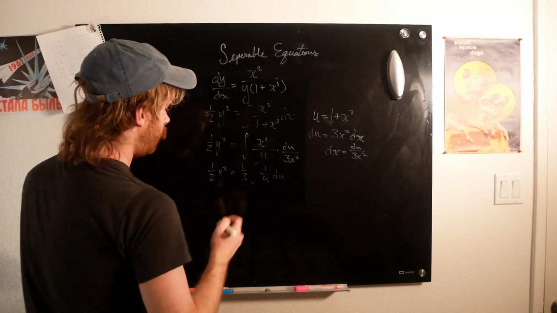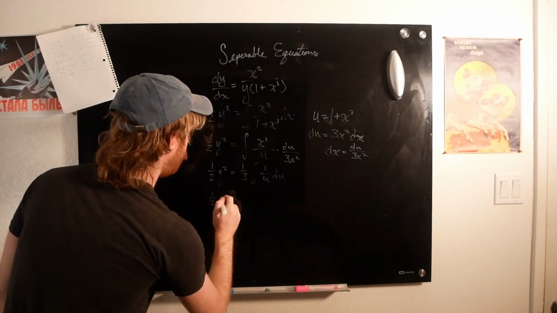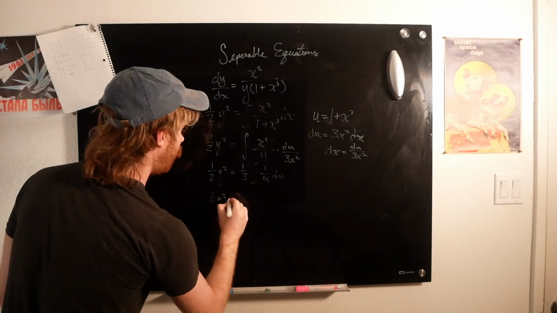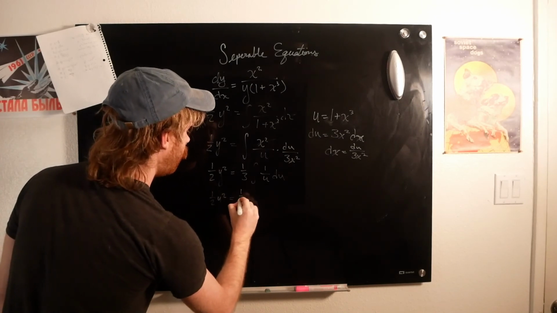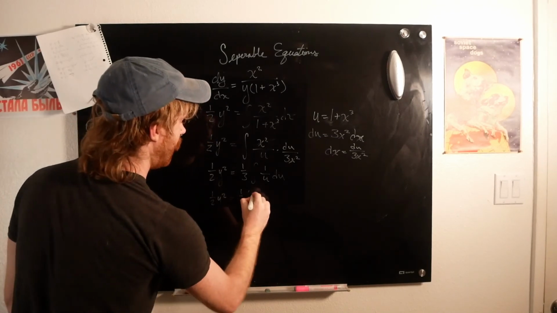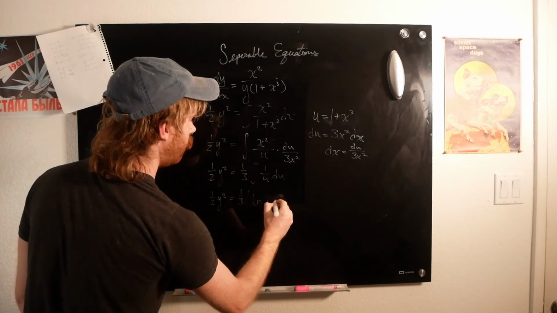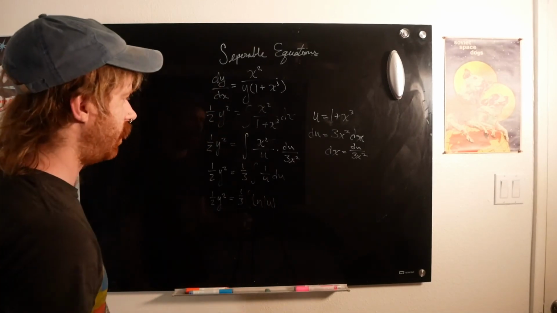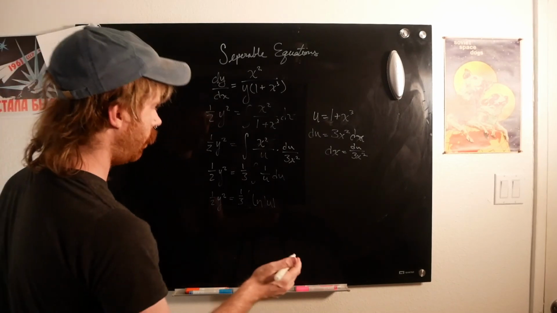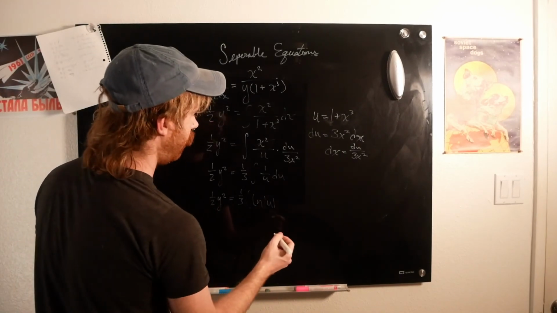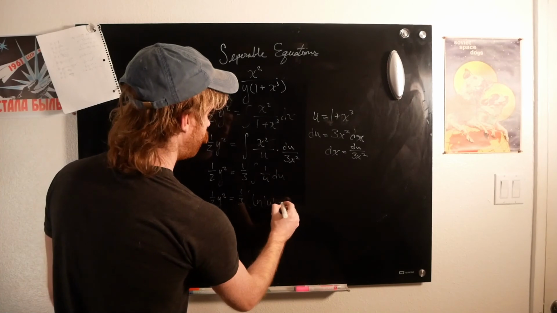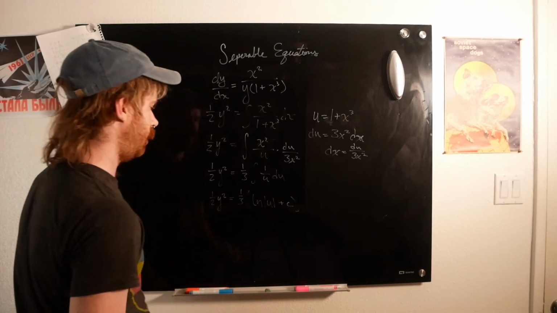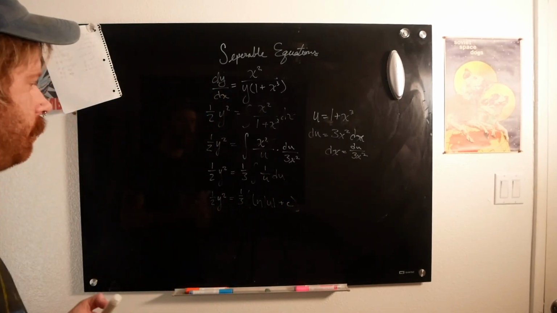So let's go ahead and do 1 over 2 y squared equals 1 over 3 times the natural log of the absolute value of u, because we have that cubed term in there, plus c, right? Can't forget our constant of integration on the right side.